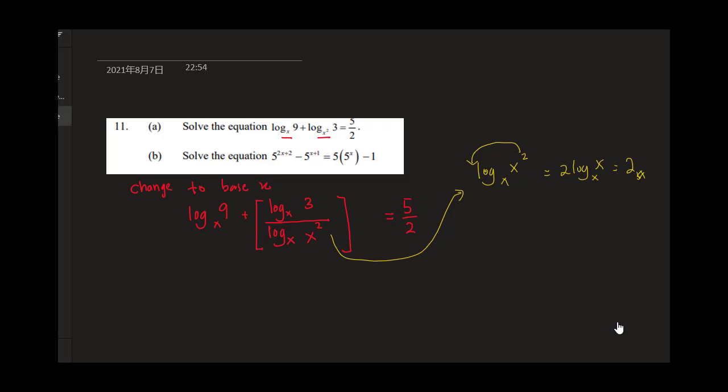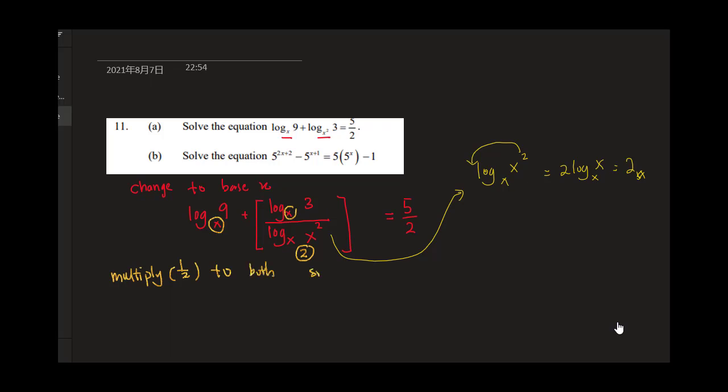You find that it's much easier. Since they have the same base, and this is just the number 2, everything becomes much easier. I would like to cancel out the fraction. Now you have the fraction 5 over 2 here, so I will multiply by 1 over 2 to both sides.